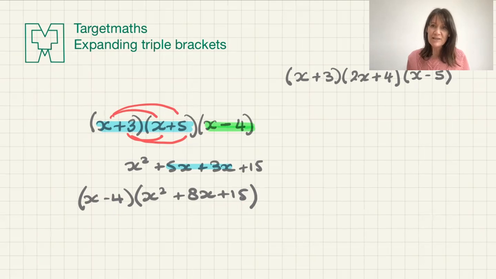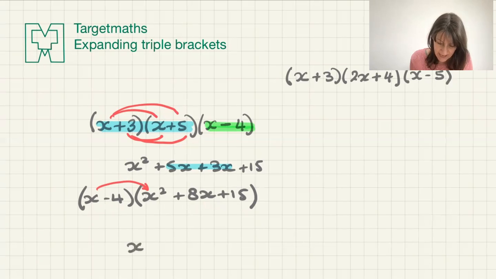And then the process of expanding the bracket doesn't change. Everything in this bracket needs to be multiplied by the x and by the negative 4. So we do this step by step, one at a time. First thing is x times x squared, which gives me x cubed.